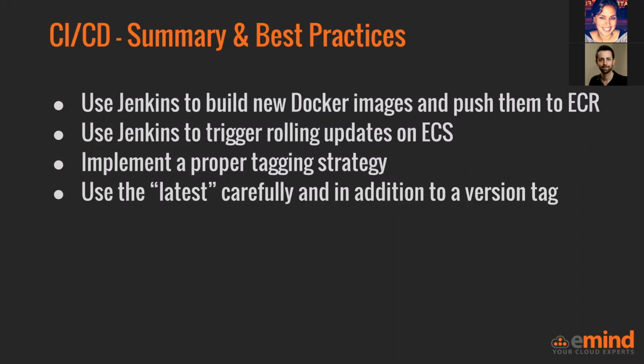We suggest using ECR for private repositories since it's more secure than using a registry outside of AWS. Have Jenkins update your task definitions and services on ECS to trigger rolling updates. And finally, decide on a tagging strategy and stick with it. And use the latest tag with caution and always as an additional tag, never on its own.